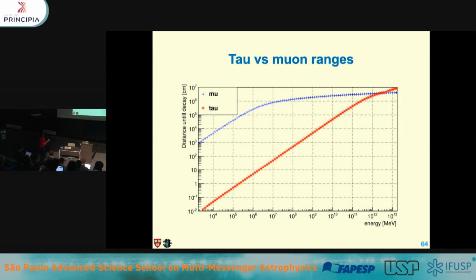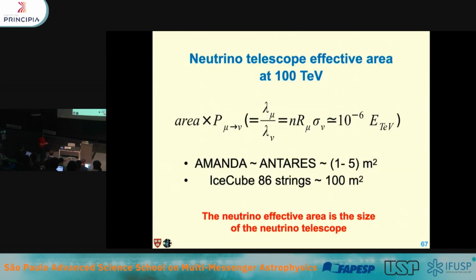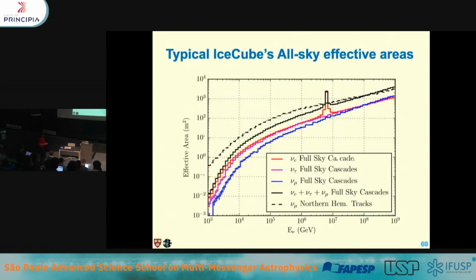So this is an MeV. So up to 10 to the 7, the tau decays inside. So if I go here, until this energy, the tau will decay inside. But in this energy here, the tau actually decays outside.